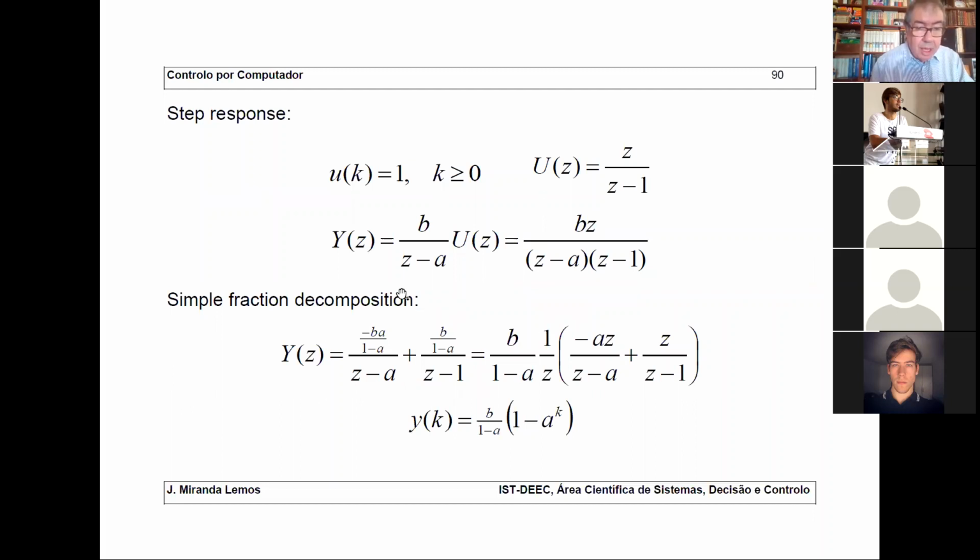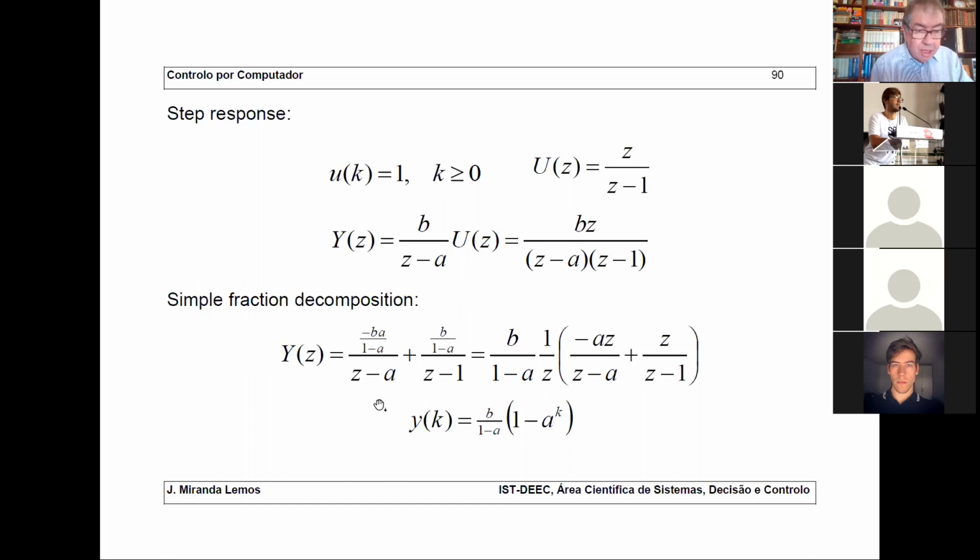Now, the big trick is to find the time function whose z-transform is this one. So you use a technique known as simple fraction decomposition. You have two terms of the form z minus a and z minus 1 in the denominator, so you can split this fraction into two fractions using something that you have studied, and I'm not going to lose time on this.